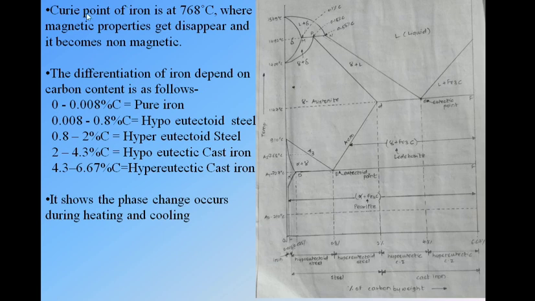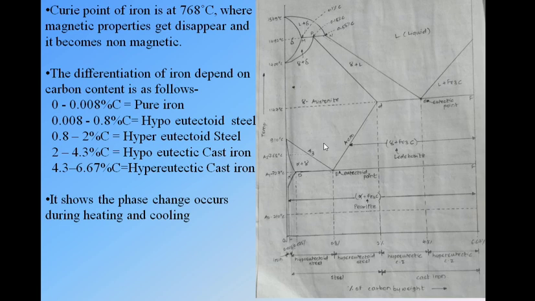Same way here, the Curie point of iron is at 768 degrees Celsius, means here. So this is A2, that is 768 degrees Celsius. Here the steel and cast iron, or we can say iron, loses its magnetic property. Means below 768 degrees Celsius our iron is magnetic in nature, and above 768 it is non-magnetic in nature.